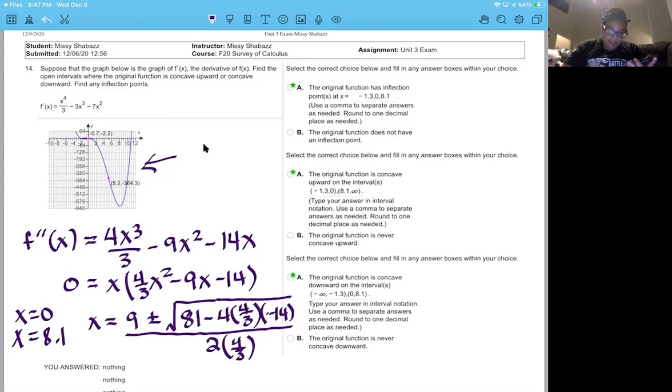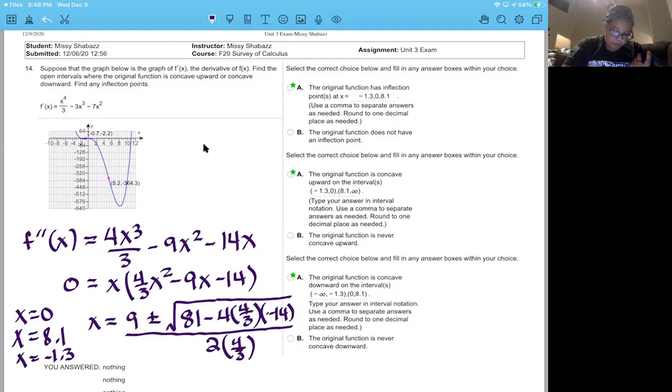Right, and I am getting a negative 1.303741818. So x equals negative 1.3. All right, so those are my x values. A lot of people are saying they're looking at the graph and trying to guess exactly, but you can find the exact values by using the quadratic formula.